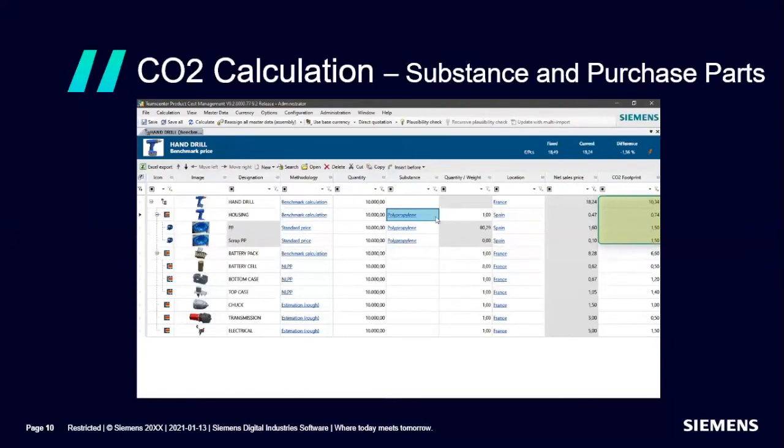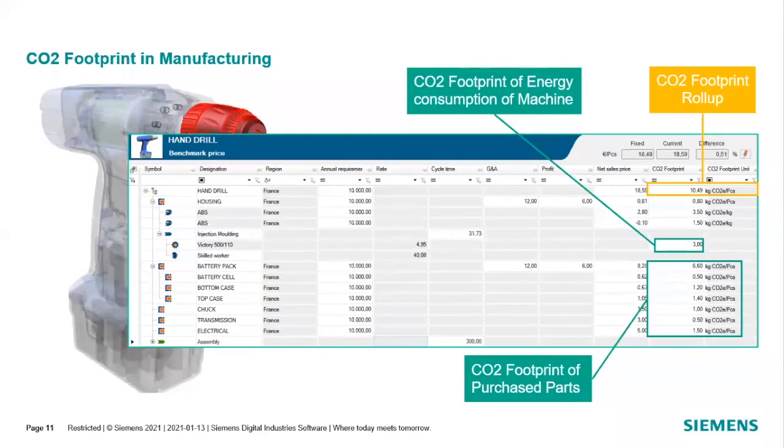If I change the region or the substance or the amount of purchase parts, now you can see it's a simple roll-up. This is the new BOM editor from the latest release. Obviously there are new nice enhancements that we are planning together with the CO2 engine. For the next video, we will do the manufacturing for CO2.